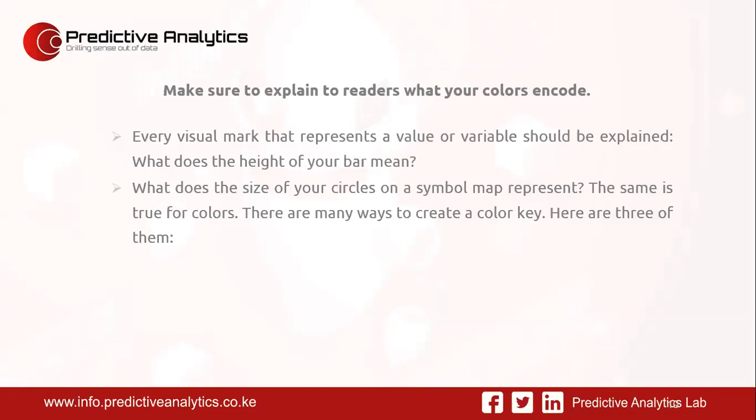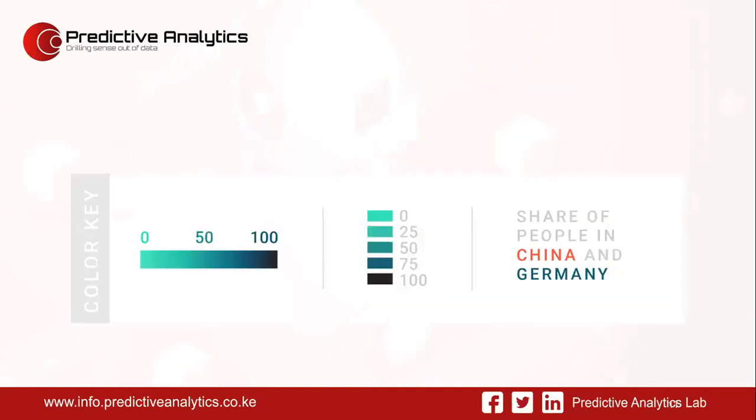There are many ways to create a color key. For example, down here we have three examples of creating a color key. This first one is called a gradient. This is a linear gradient. The second one is a key that has been split, like 0 to 25 to 50, 75, 100.